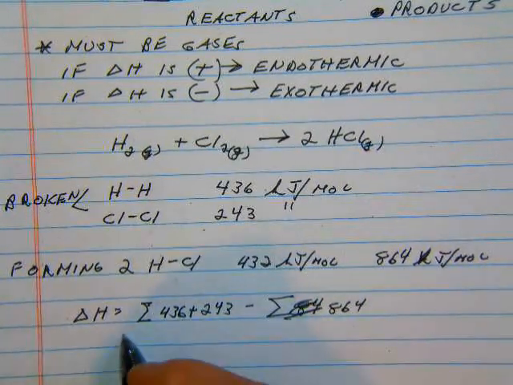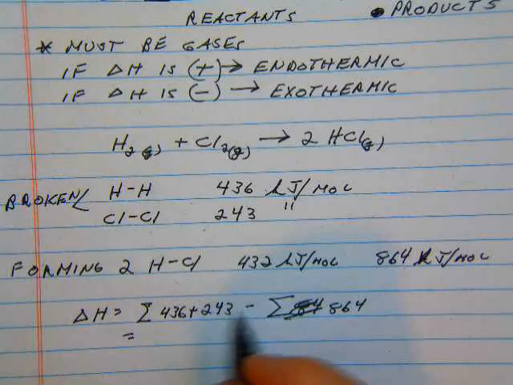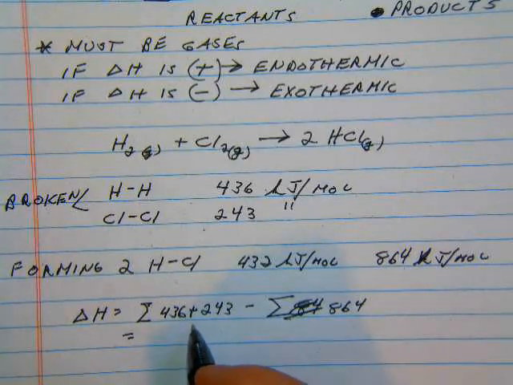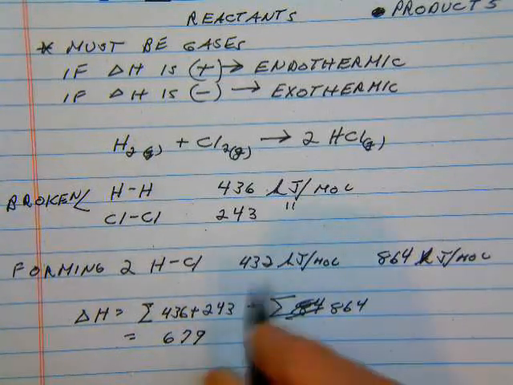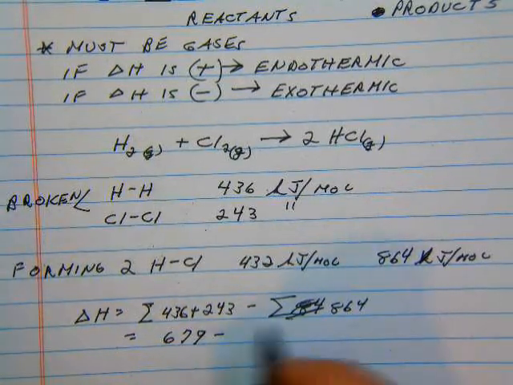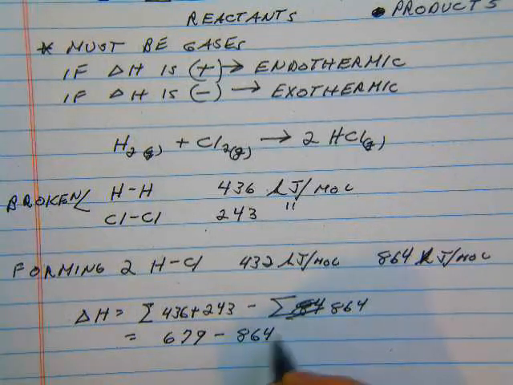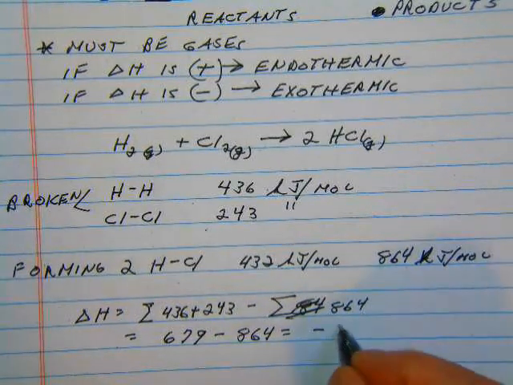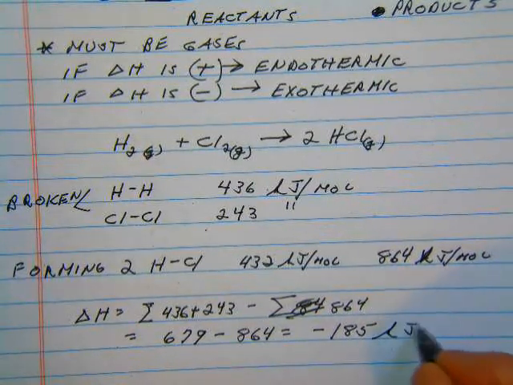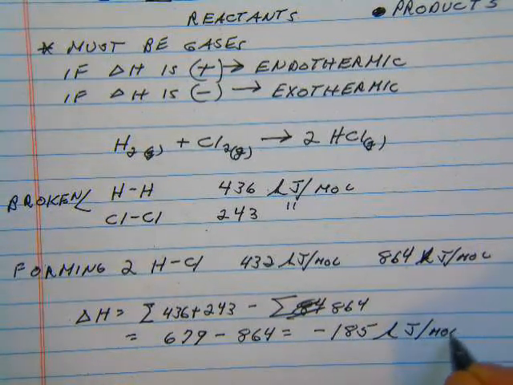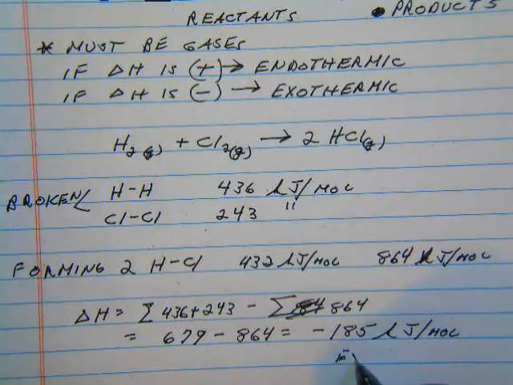If we work this out, we have 679 minus 864, and that gives us negative 185 kilojoules per mole, and so that's going to be exothermic.